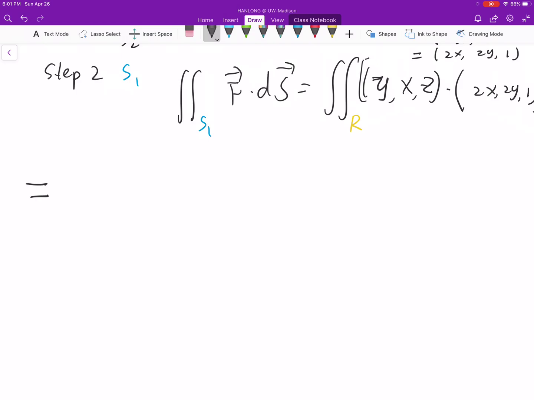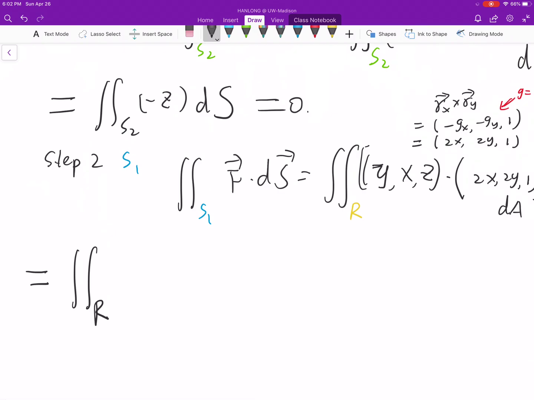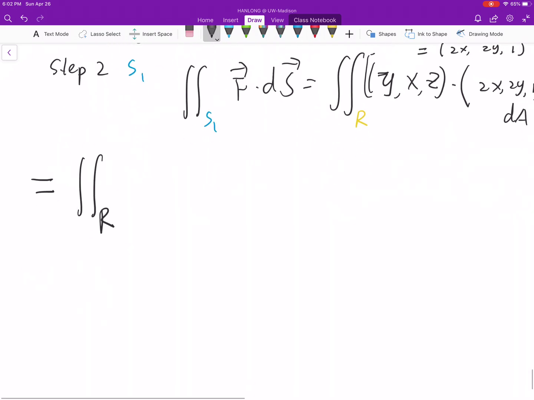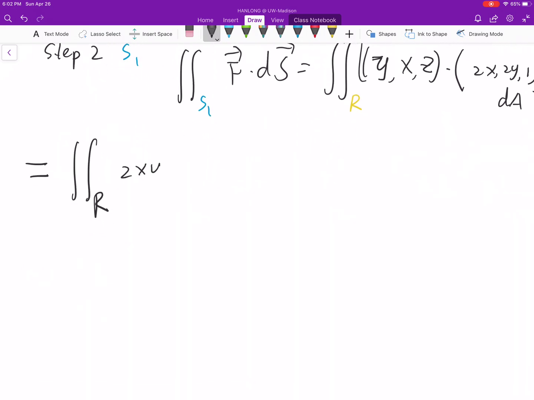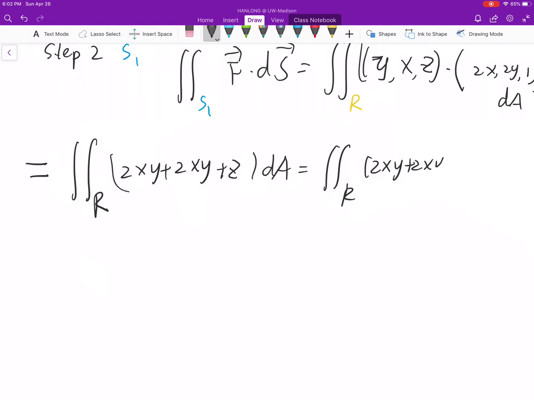Okay, now let's compute it. Simplify the inside. You have 2xy plus 2xy plus z dA. But here z, you need to replace by your parameter, 1 minus x squared minus y squared.